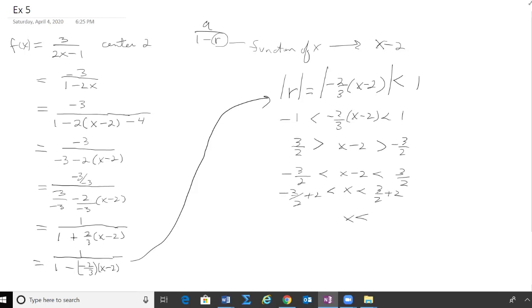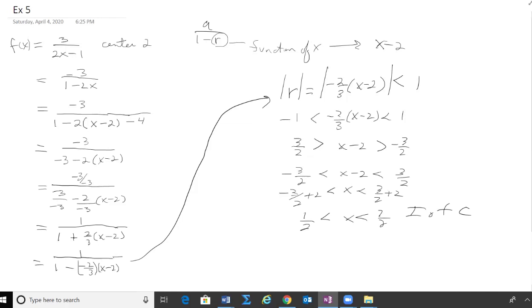So x would be in here as a 7/2, and over here, let's see, 4 minus 3 is 1/2, right? So here's my interval of convergence now. This is the I of C.